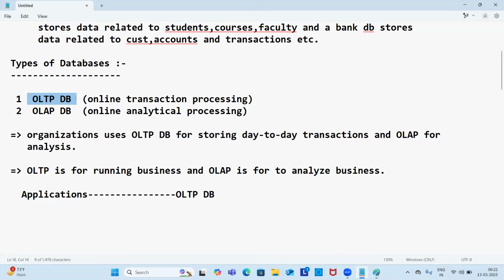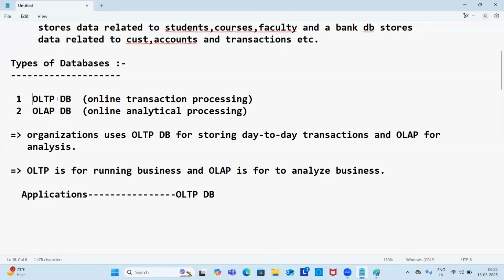If you know the past records, like mark sheets, then you can analyze. So for analysis, what is required is history. This other database stores current data plus historical data. That's why we can use it for analysis.